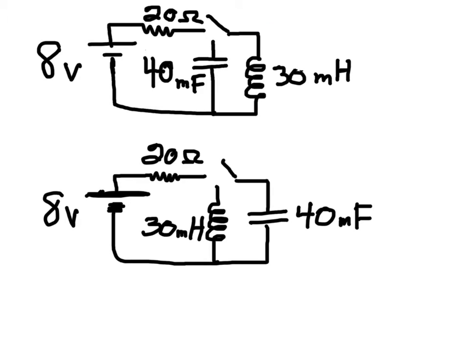Because the inductor doesn't like it or reacts when you try to put current through it. So it responds with a reverse voltage of 8 volts to try and slow down the current. Okay, now I'm going to show you the graphs and the equations for what I just said.